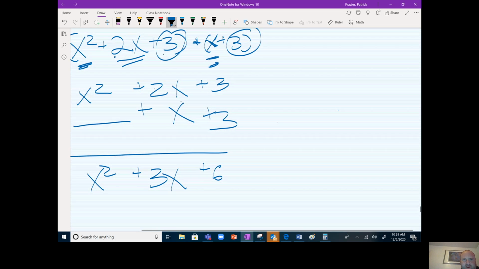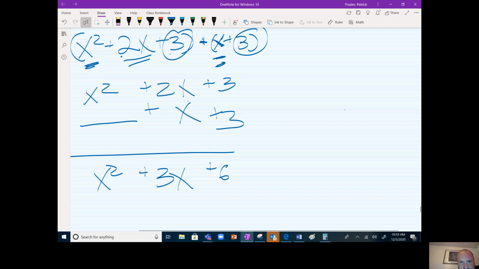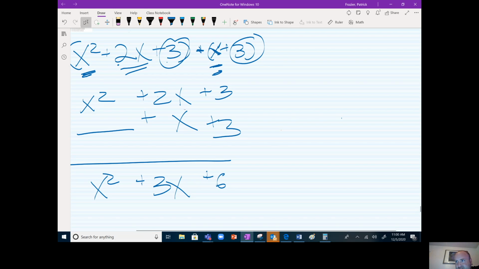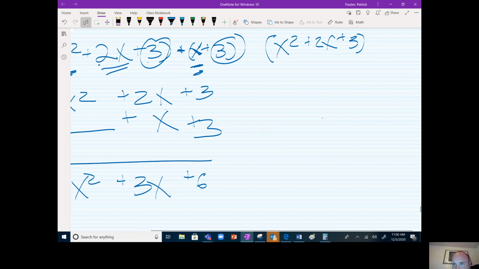Now, what if we had the same polynomials? Poly means many, mono means one, binomial means two, trinomial means three, so that's a trinomial, that's a binomial. But they're both polynomials because there's more than one term. Yay, math vocabulary is fun. So we're going to now subtract them. So now it's x squared plus 2x plus 3 minus x plus 3.